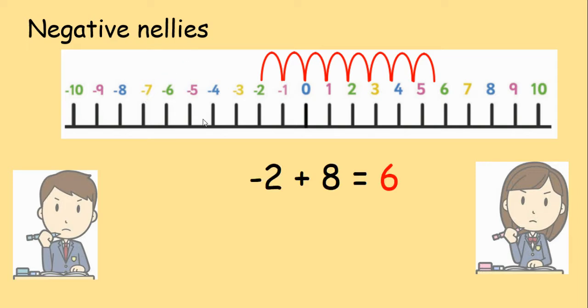And I need to add 8, which means that my number will get closer to 0 and go over to the other side. 1, 2, 3, 4, 5, 6, 7, 8. My answer is 6.